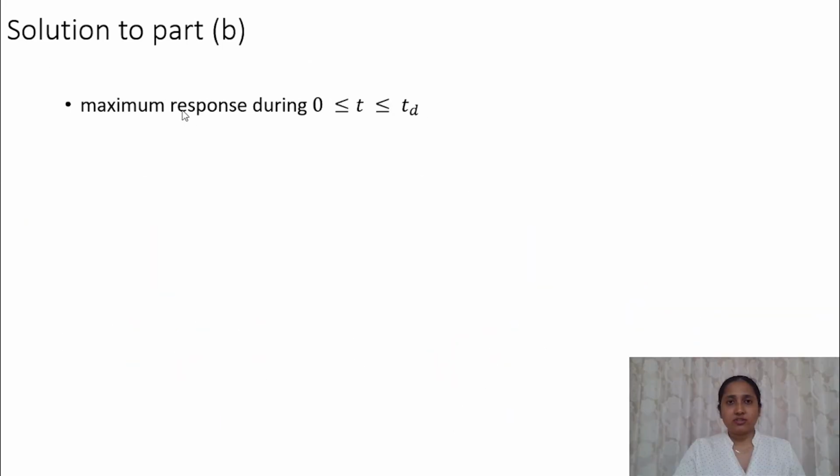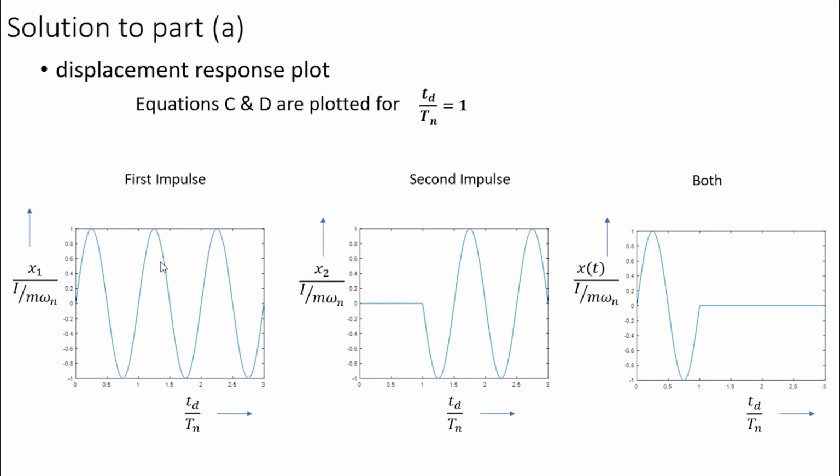Now let's move on to the second part of the problem, where we have to find the maximum response. First, let's find the maximum response when time is less than Td. When time is less than Td, only the first impulse response exists.